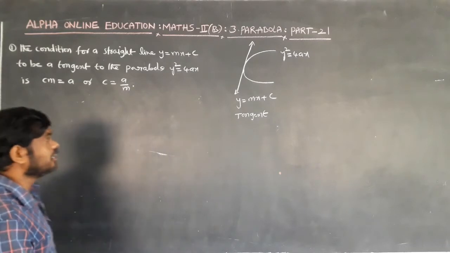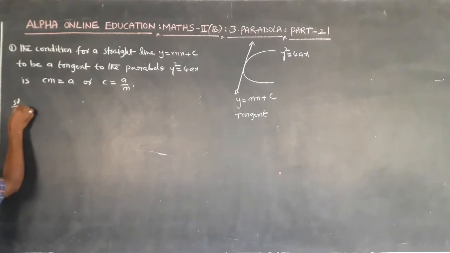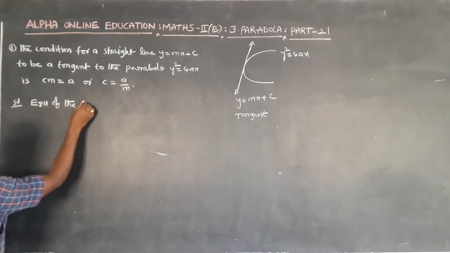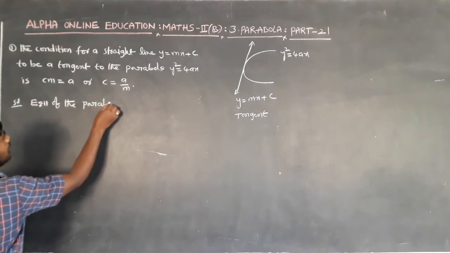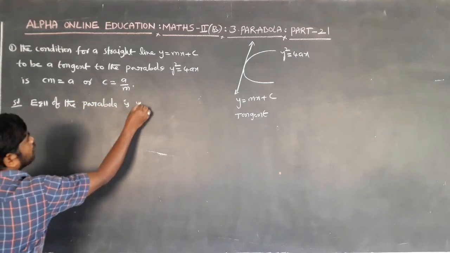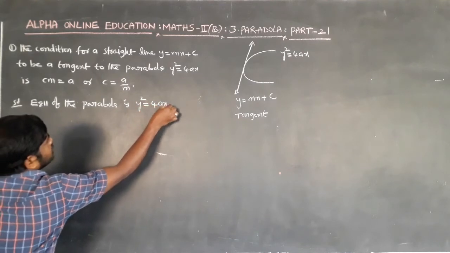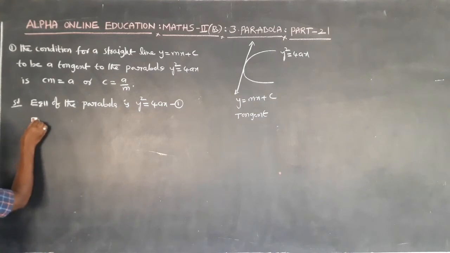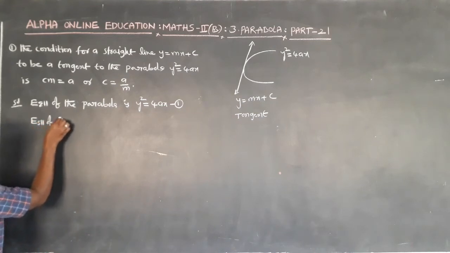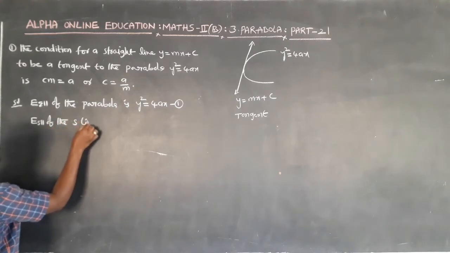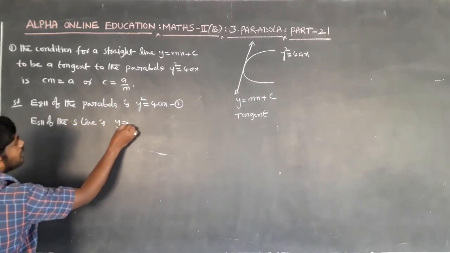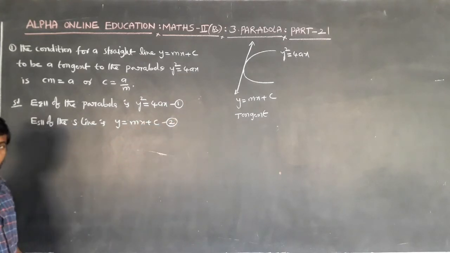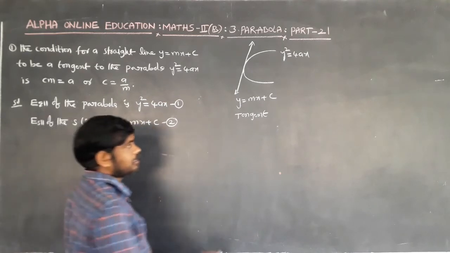This is the condition. Here, the equation of the parabola is y² = 4ax, and the equation of the straight line is y = mx + c.